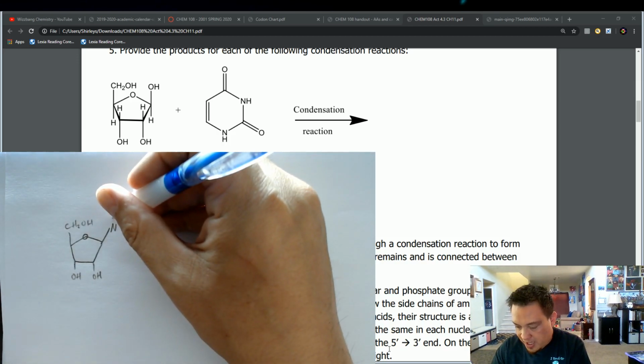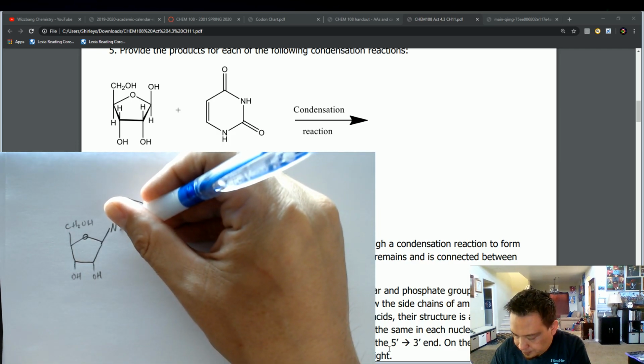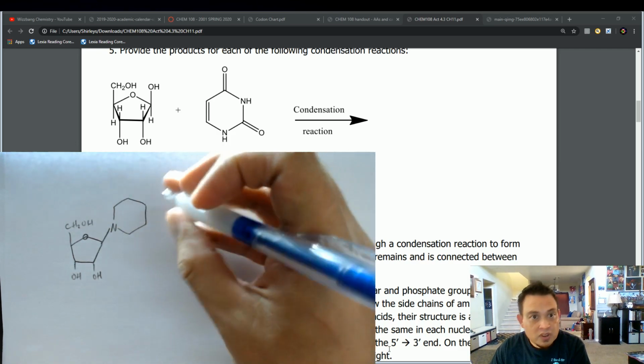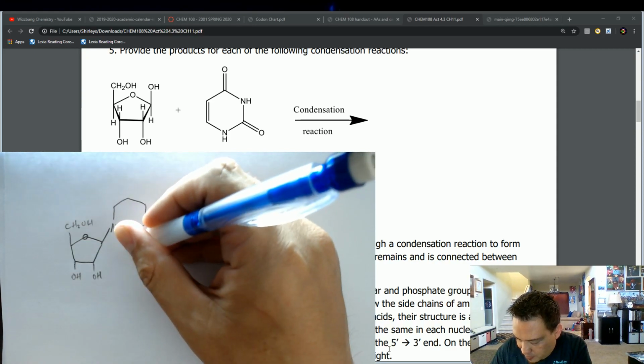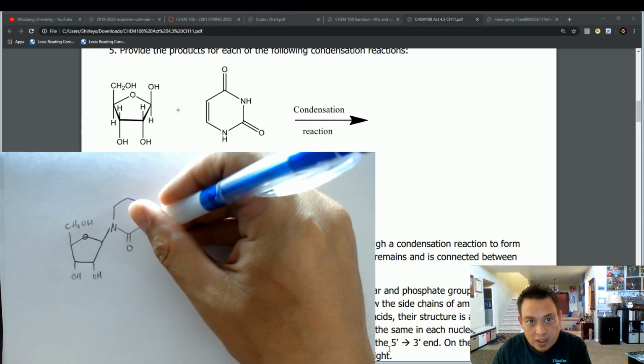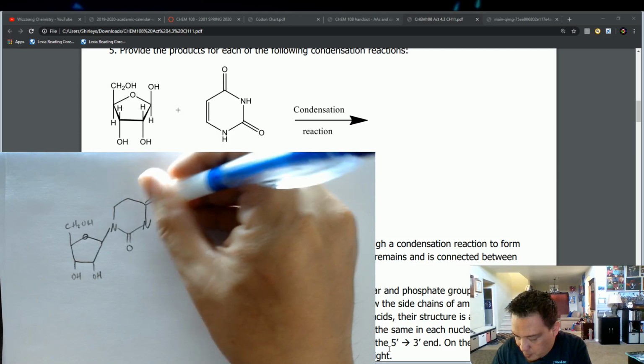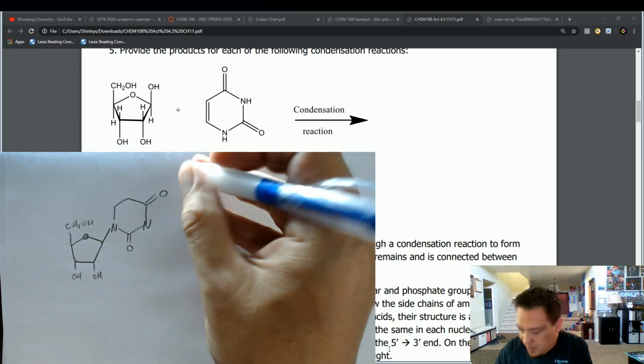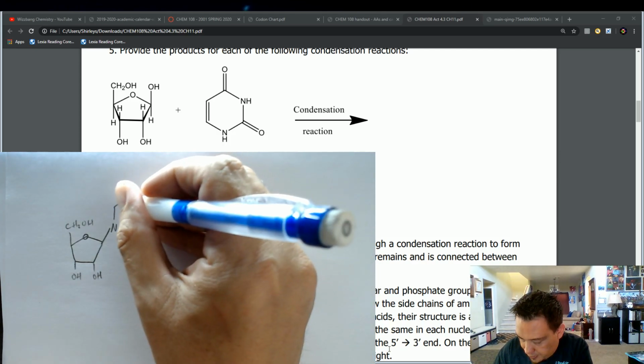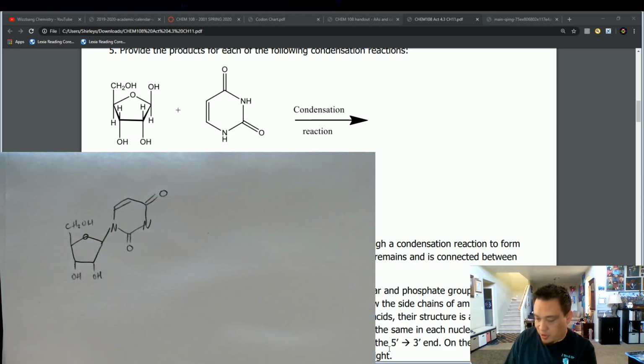I'm going to connect it to the bottom nitrogen. Then one carbon away, we had a double bond O, and then nitrogen, and then double bond O. And then I think we had a double bond over here. I did turn the molecule a little bit, but it's the same thing.